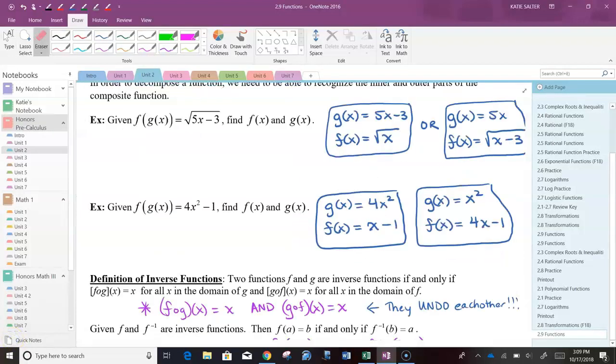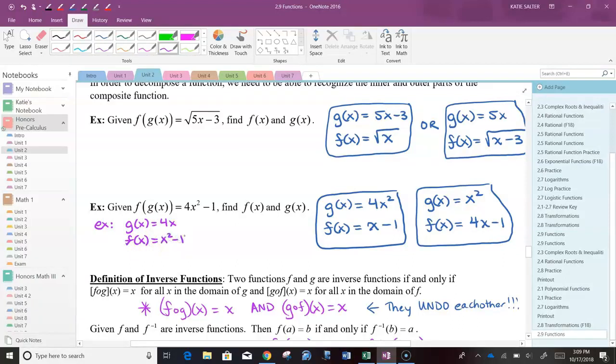Okay, two options you could have had was that the inner function was 4x squared and the outer function is x minus 1, or the inner function is x squared and the outer function is 4x minus 1. I always have students think that this works, so let's look at this real quick. What if you thought the inner function was 4x and that the outer function was x squared minus 1?